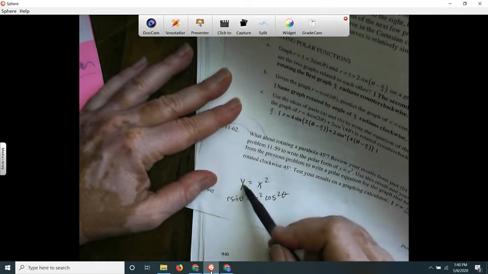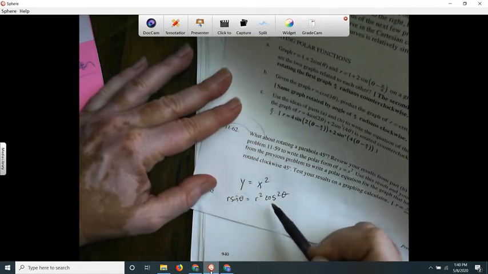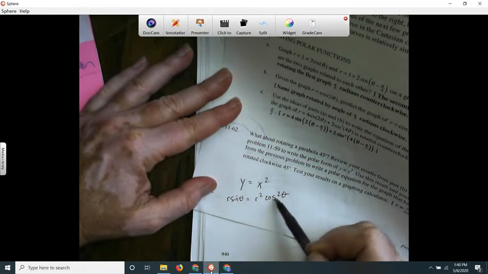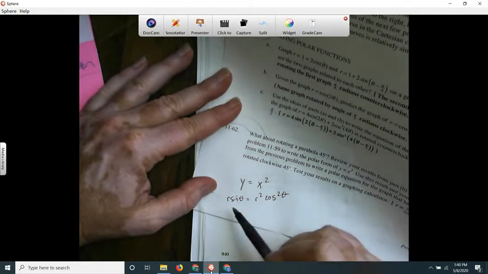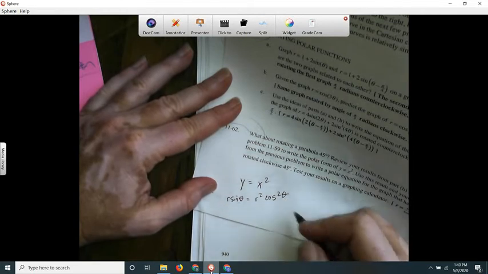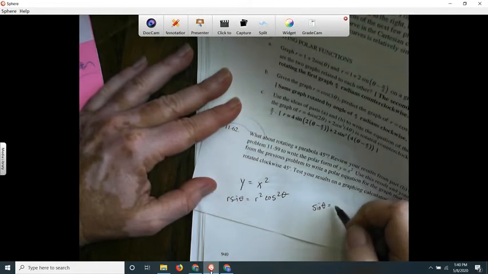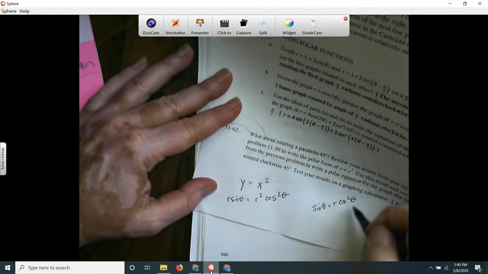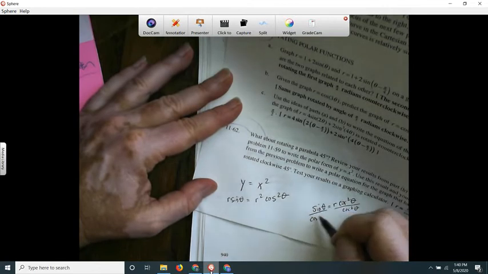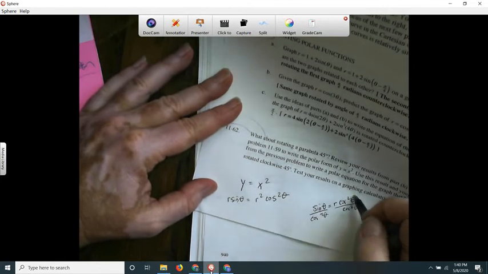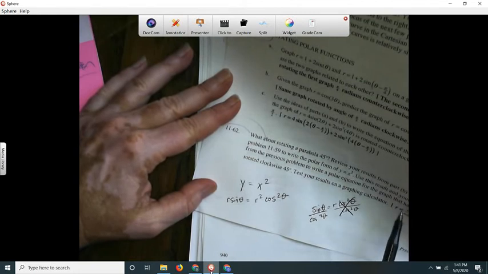I know that y and r sine theta are equal, and I know that x and r cosine theta are equal. And then I want to divide both sides by r. That would give me sine theta is equal to r cosine squared theta, and then get r by itself, so divide both sides. And that's how they got r equals sine theta over cosine squared theta.